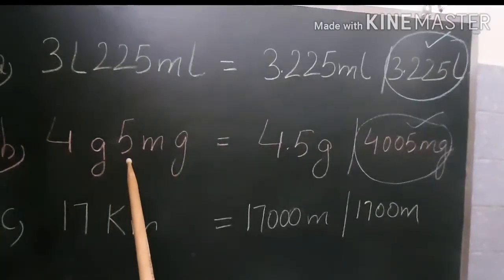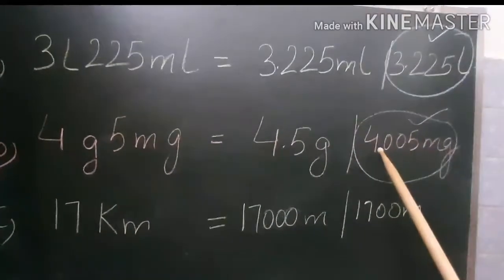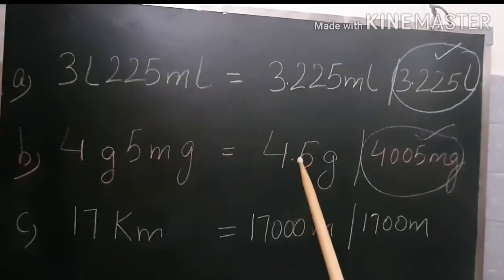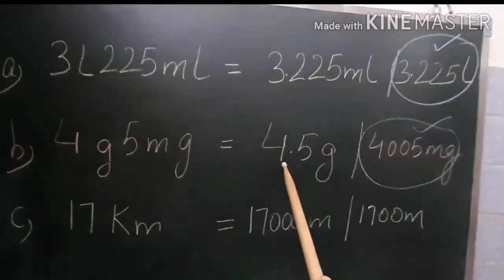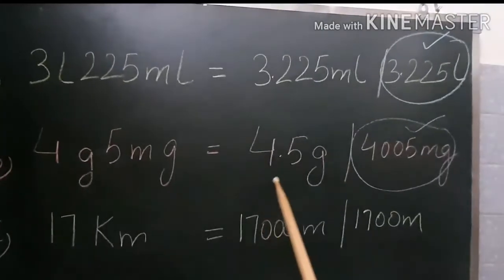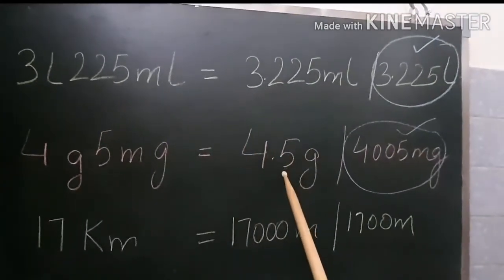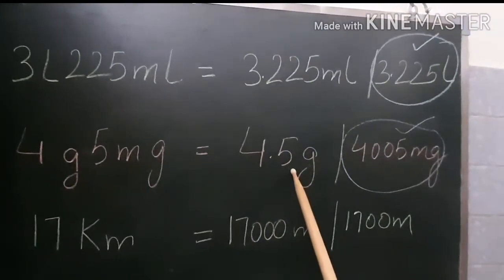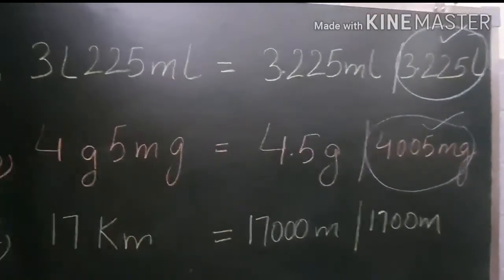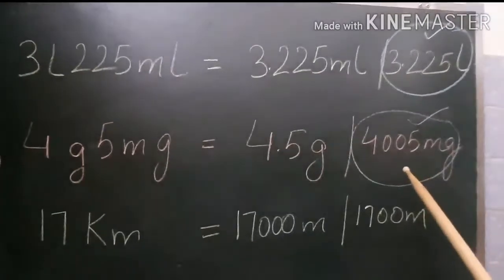Then plus 5, it becomes 4005 milligram. When I say 4.5 gram, that means I have 4 grams plus 500 milligrams, which is not the correct option for this question. So this option is correct.